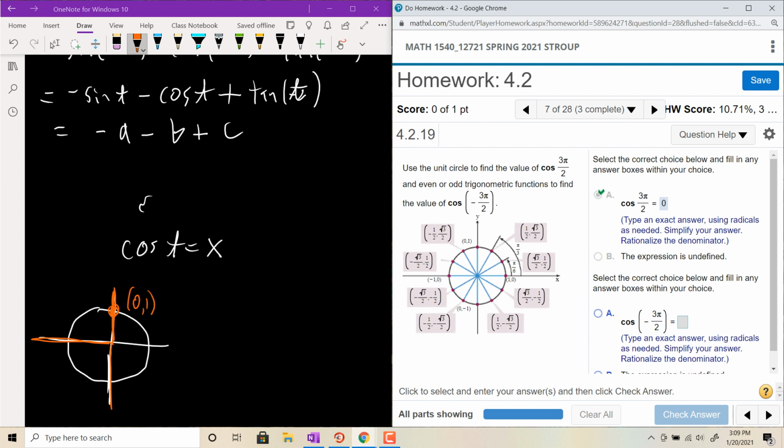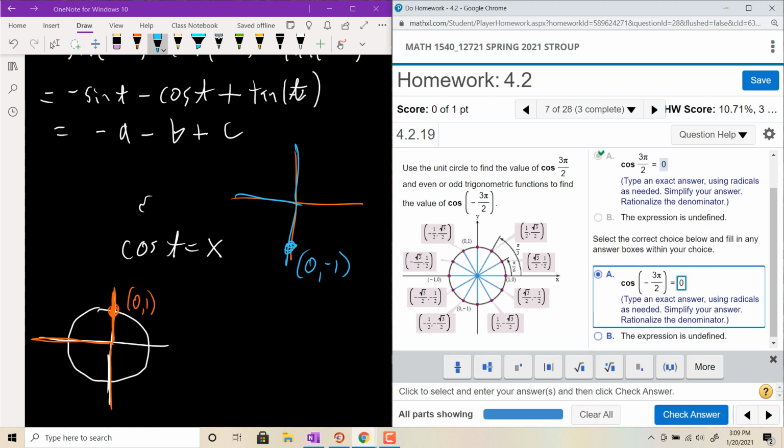They're both 0, aren't they? So cosine of 3 pi over 2, where would that have been? 1 pi over 2, 2 pi over 2, 3 pi over 2. The coordinate at that point would have been 0, negative 1, but the x-coordinate is the same for both of them, so that's how I got lucky, and I got 0. Negative 3 pi over 2 then is also 0, just using the point and noting cosine is equal to x.